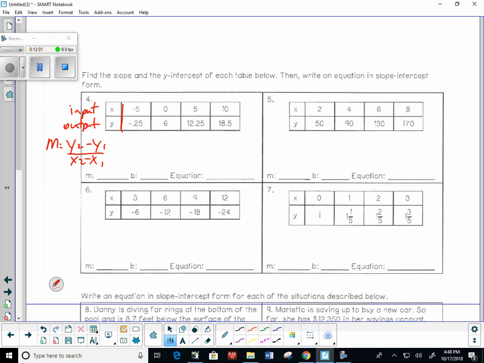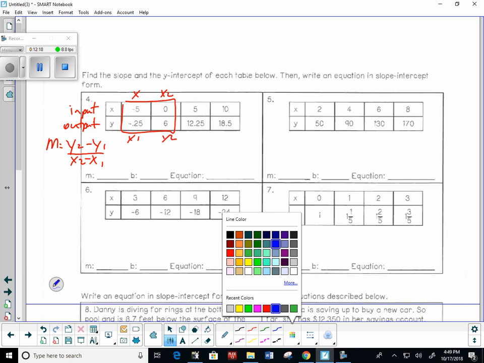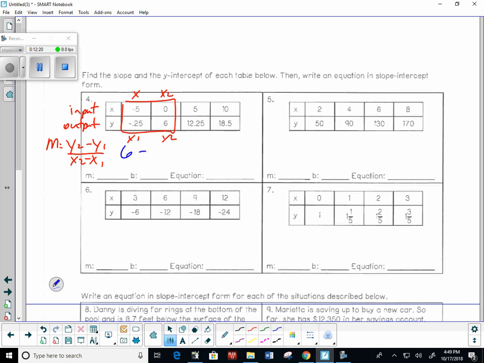Okay, so we'll just use these points right here. So I'm going to call this y2, y1, x2, x1. Okay, so that's going to give us then what?